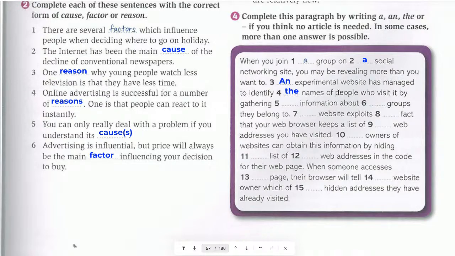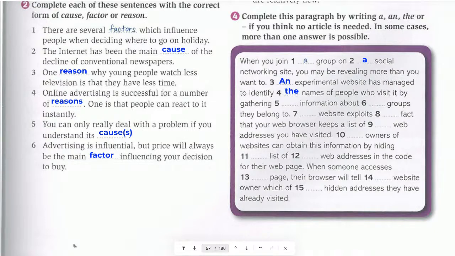Yeah, because we are talking about the names of people, and these are very particular people. Why? Because who visit it? I mean, these people must visit the website. If you use just "names of people", we are talking about the names of people in general. There's no specific group, right? But in this case, they only can collect the names of people who visit the website, not everyone. Got it? That's why we have to use the word "the" here.